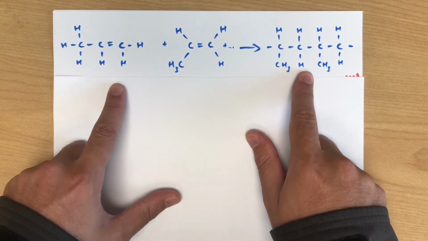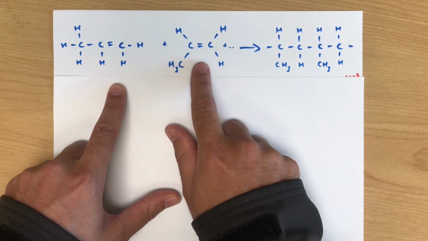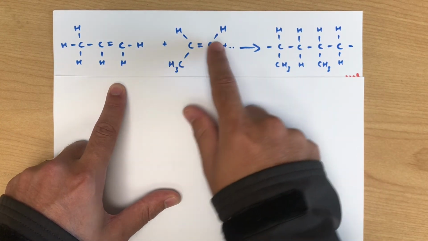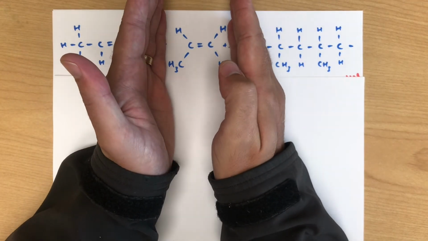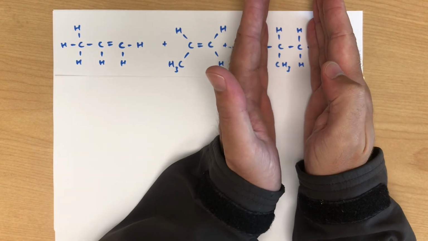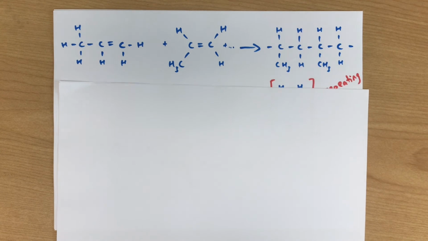Now, it can be more straightforward to identify what the polymer looks like if we draw our monomers like this, emphasising the double bond and then just hanging four different things off there, because effectively we've got that unit repeating many times. That's how we can identify what the polymer looks like.